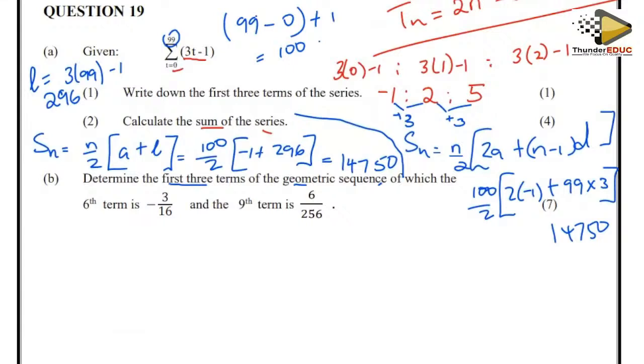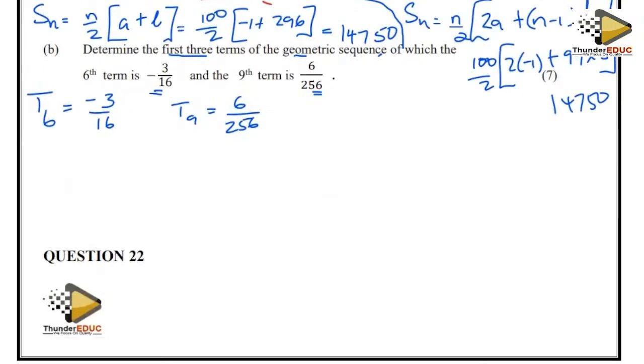They want us to get the first 3 terms, out of which the 6th term is given as this, and then the 9th term is given as this. So in other words, our T6 is negative 3 over 16. Our T9 is given as 6 over 256. They want the first 3 terms.